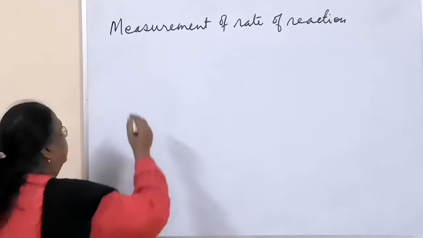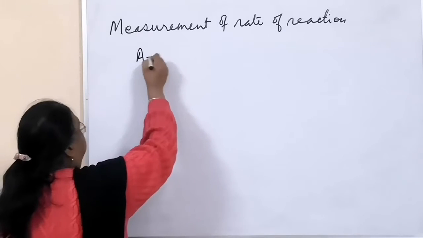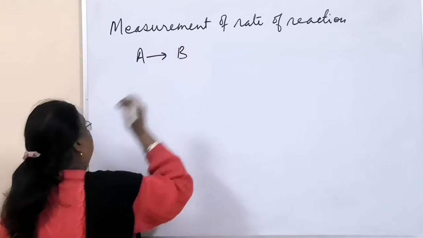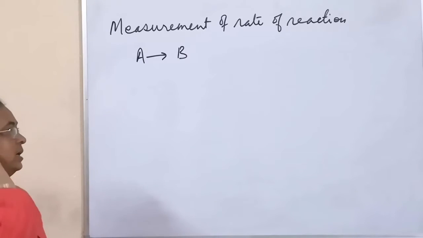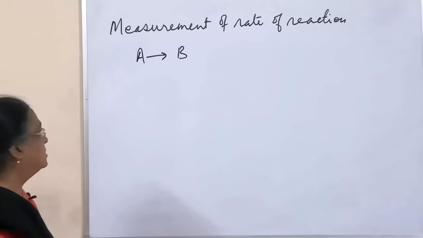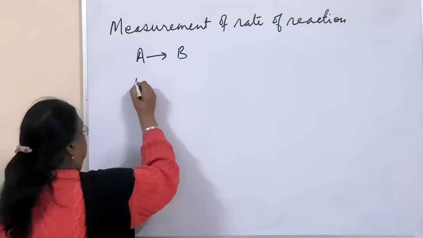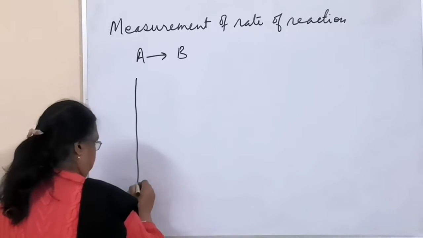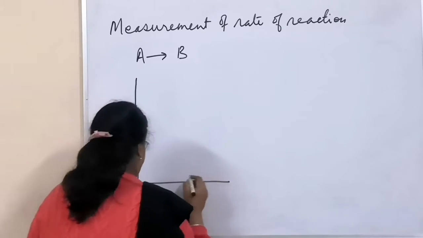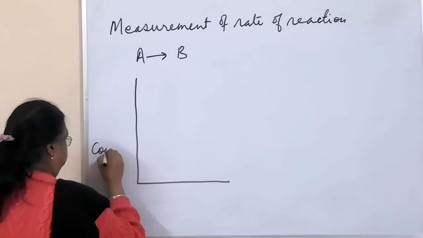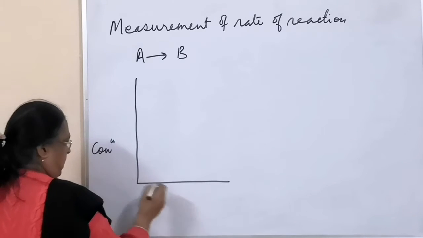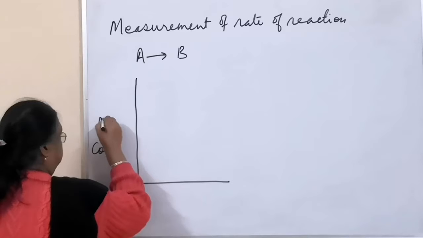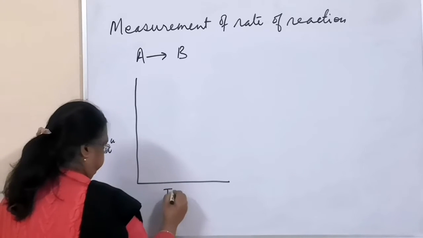So for the graphical method, if I have a reaction where A is the reactant giving B as the product, then a graph can be plotted between concentration and time.